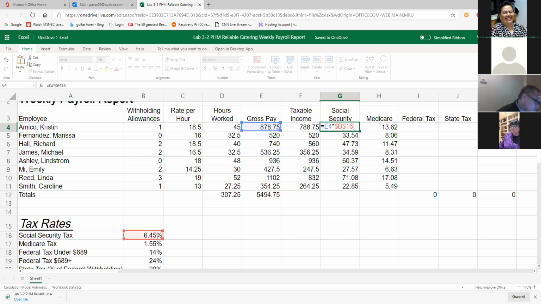So you're multiplying times this to get the Social Security tax. It looks the same, but it's not giving me E4 for B16. Maybe your dollar signs are not in the correct place for the absolute value.